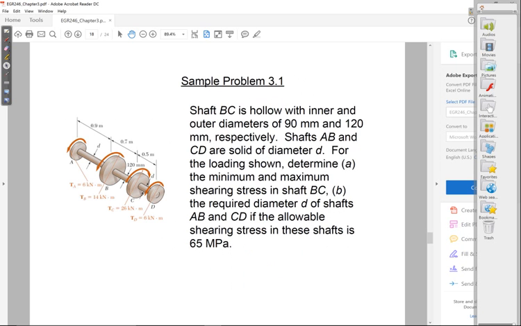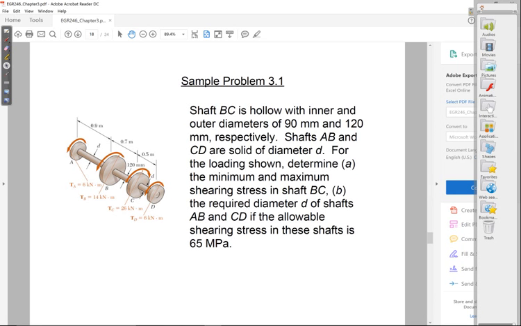So now that you have all these equations, here's an example for you, and maybe we'll try and work this one through, or at least start working it through. We have this shaft that has a bunch of pulleys on it, and we're applying different torques to the shaft. Now, this shaft has to be in equilibrium.